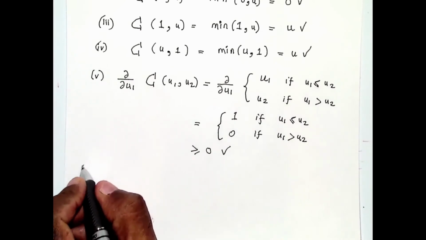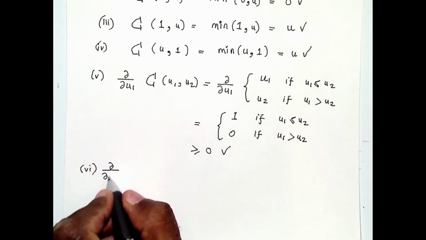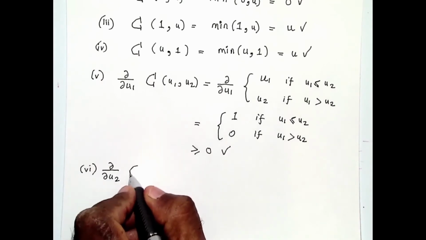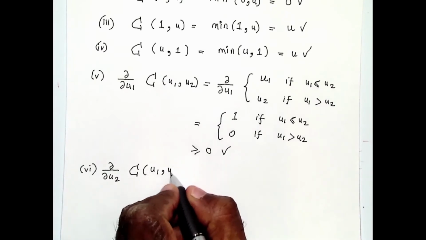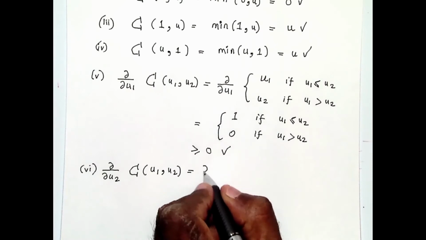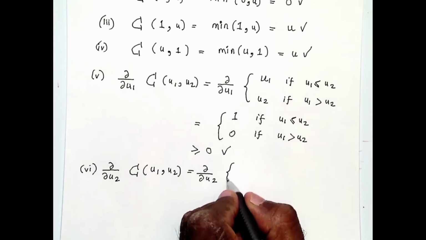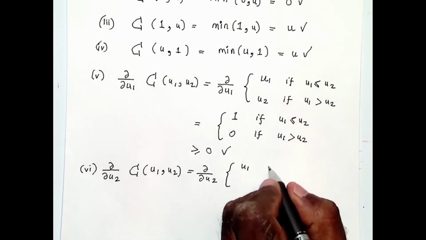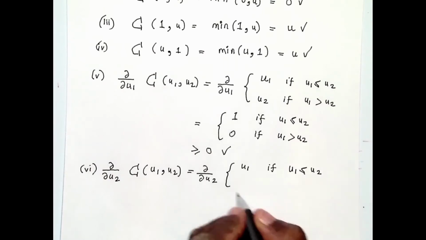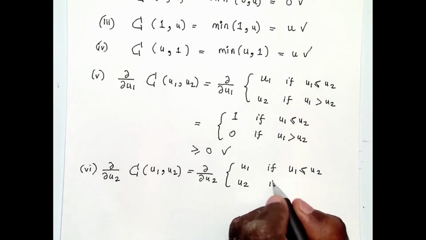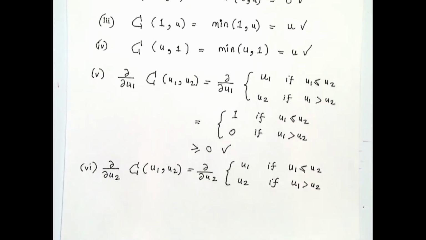And finally condition 6. You can do it similarly, right? So this is going to be the partial derivative with respect to u2 of the following: u1 if this is the case, and u2 if this is the case, right?